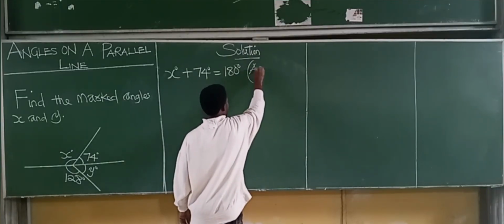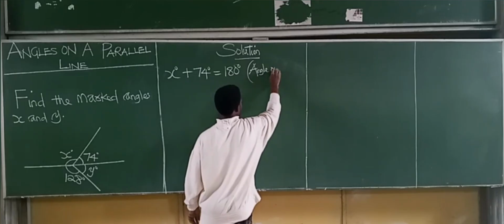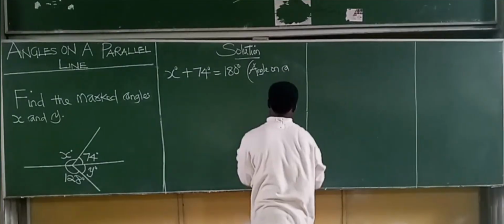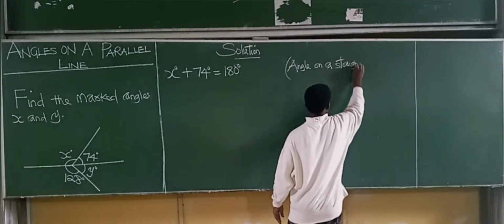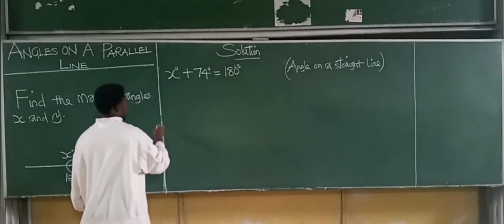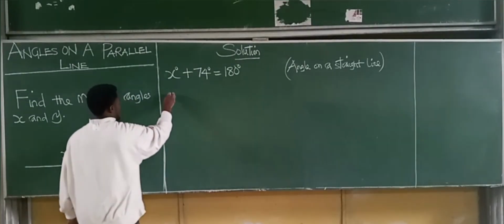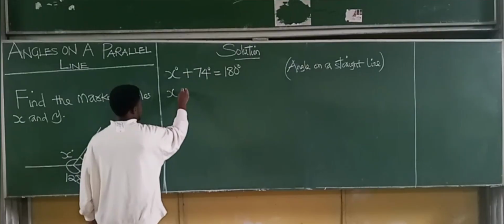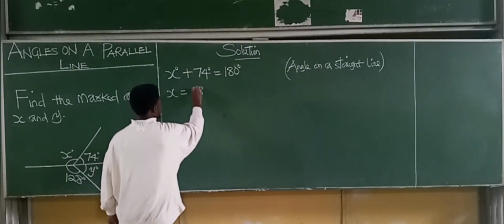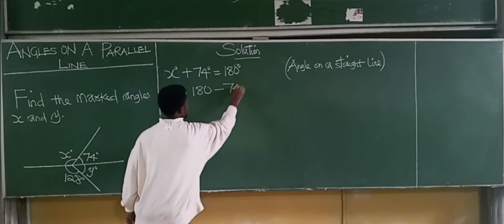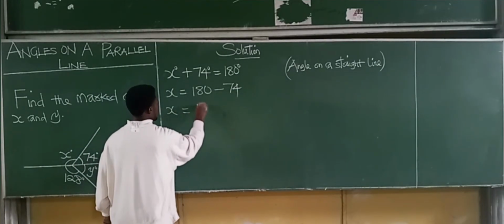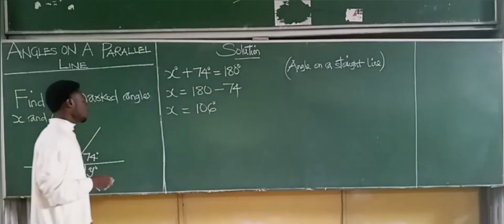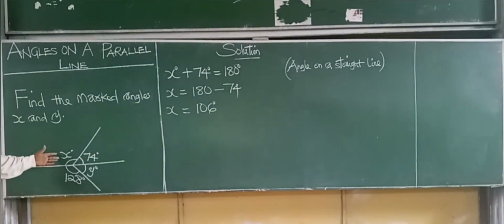Reason: angles on a straight line. So X is equal to 180 minus 74, and X is equal to 106 degrees. Therefore, X has been determined as 106 degrees.